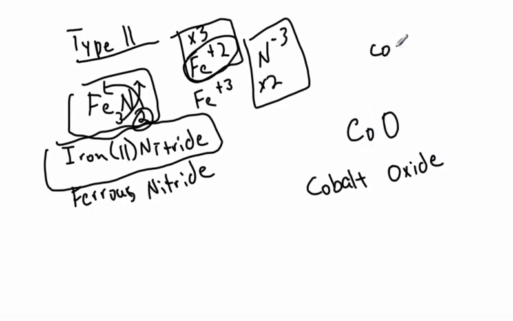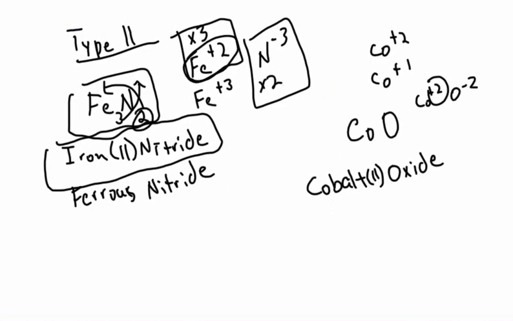Cobalt can be Co plus 2, and I believe it can also be Co plus 1. But here, I know the charge because oxygen is negative 2, and there's only 1 cobalt for every 1 of the negative 2 oxygen. So to balance this out, cobalt would have to have a plus 2. So, since it's a plus 2, I figured that out from the formula, I have to write a 2. Cobalt 2 oxide. That's type 2 naming.